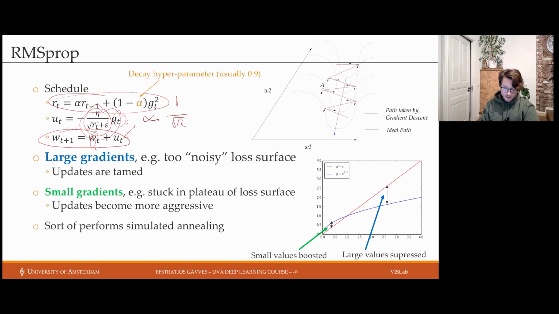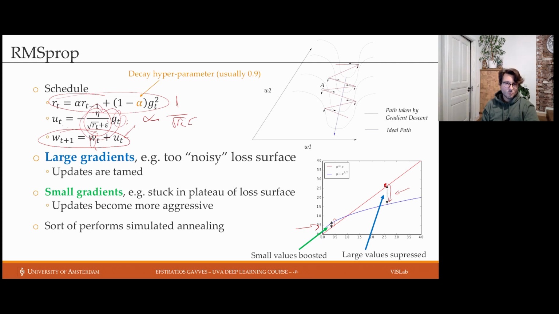What does this mean? It means that if historically we had very large gradients, when we take the square root, the large values get attenuated, they get suppressed. With a large value, we go to a smaller value through square rooting. And vice versa, when we have small gradients historically, they get lifted to a higher value.